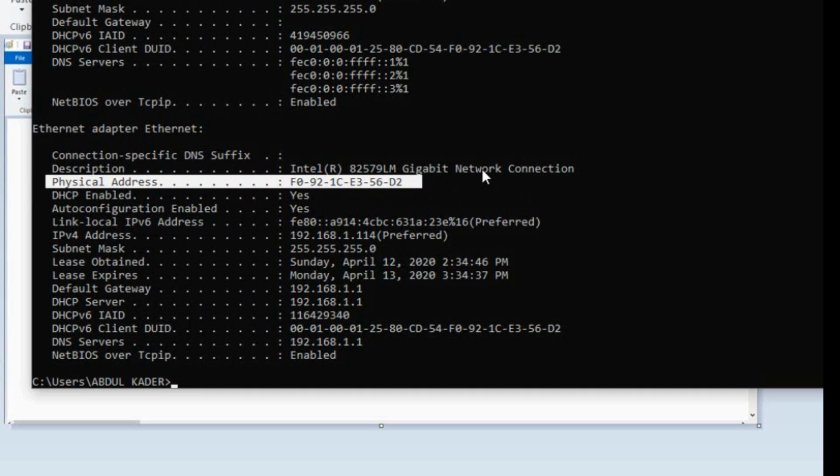This physical address is what we call the MAC address, the unique MAC address. With this unique MAC address, you can communicate from one computer to another. The unique MAC address on my system is F0-92-1C-E3-56-D2. This is the unique MAC address where one computer communicates with another, the purpose of networking.